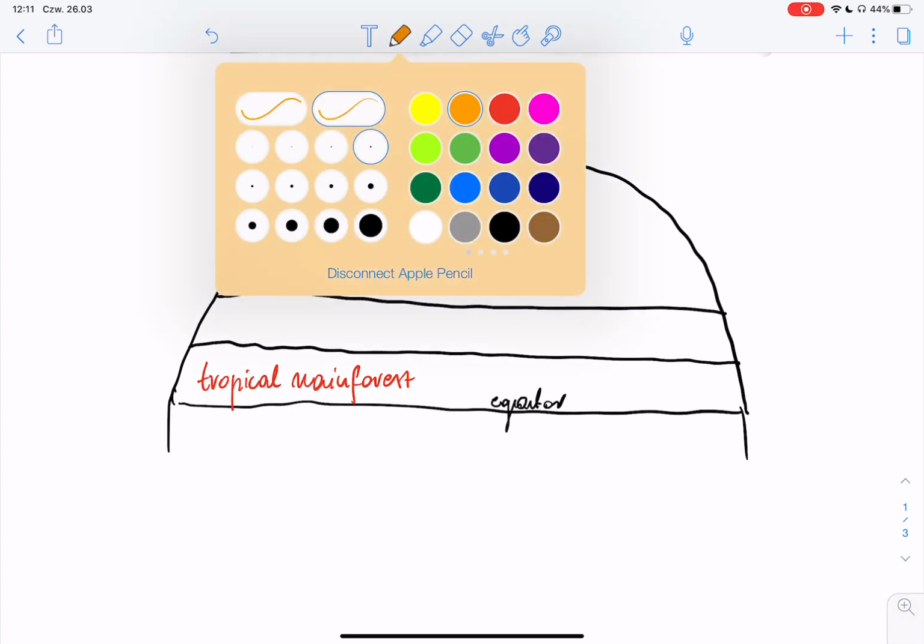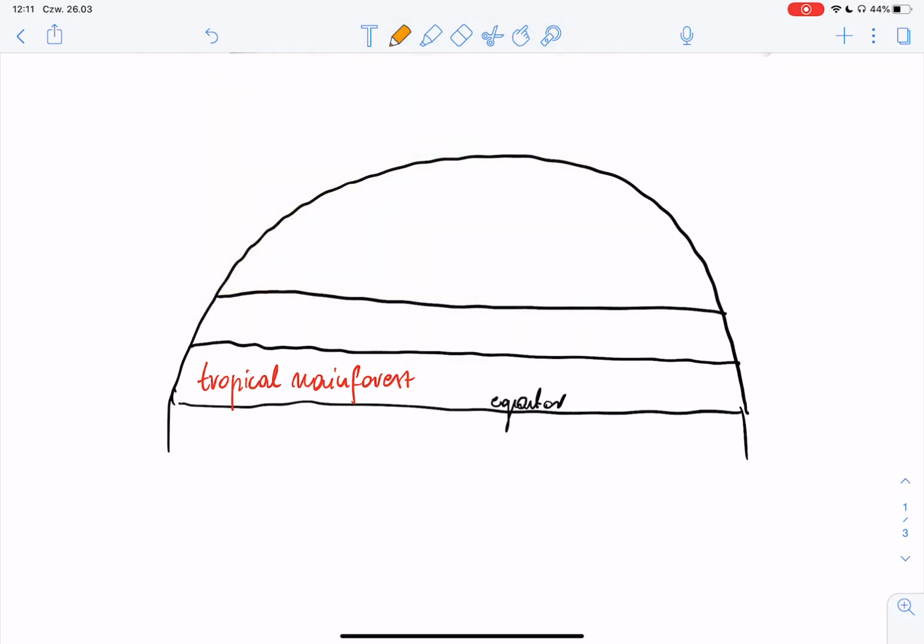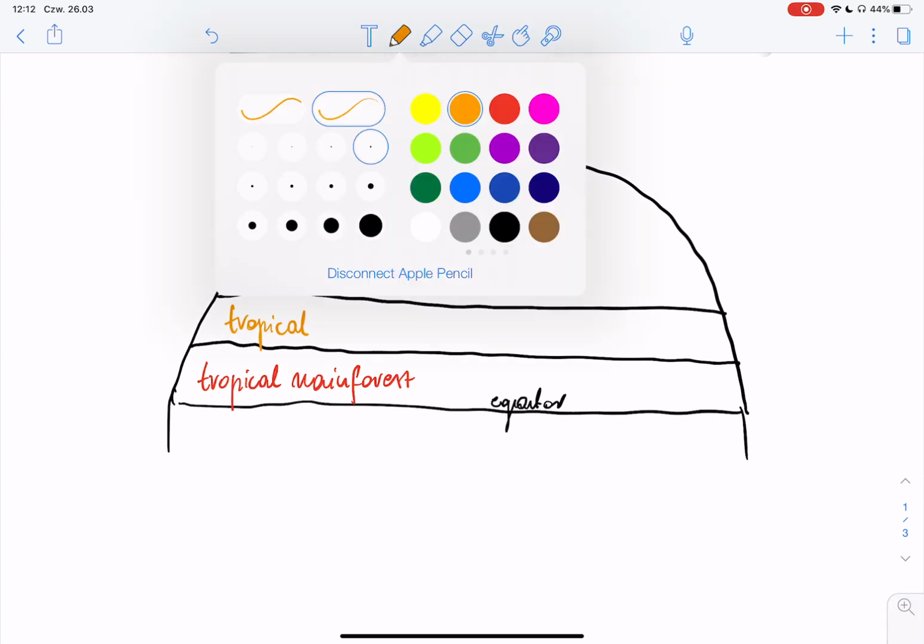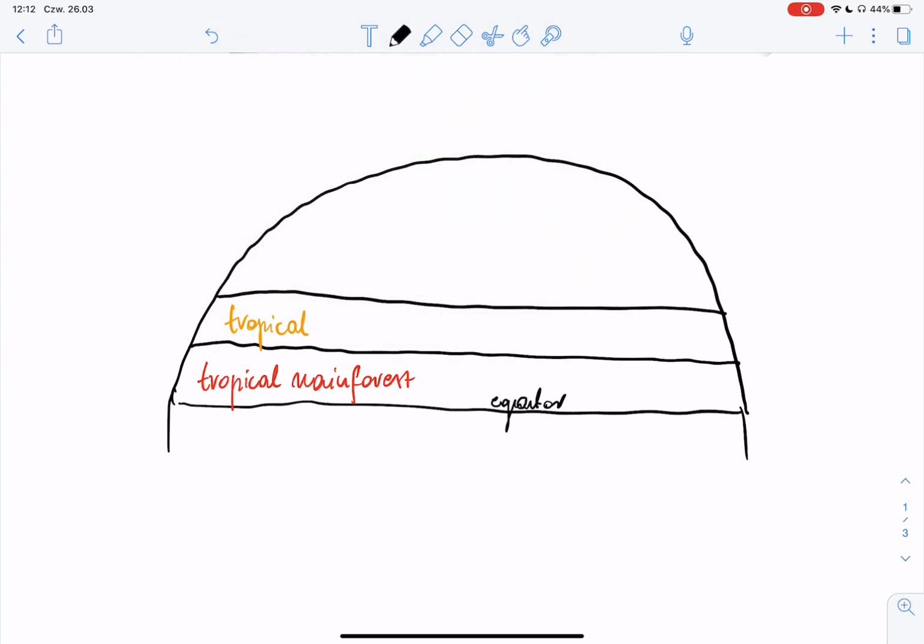More to the south and north, depending on which hemisphere you're at, we have the tropical climate. Then we have a stripe of subtropical climate, and then temperate and polar.